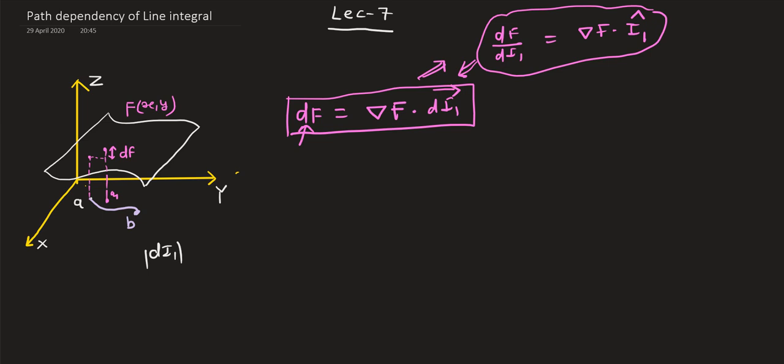Let's say this is the ceiling of a house. From point A to point B, we want to find the total change in the value of this function f(x,y).